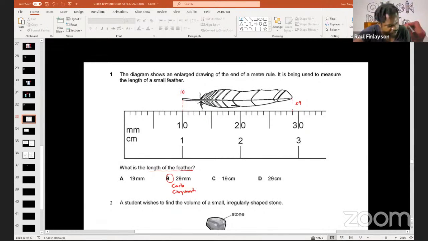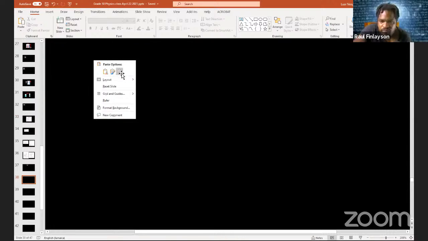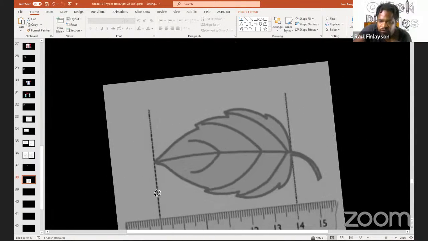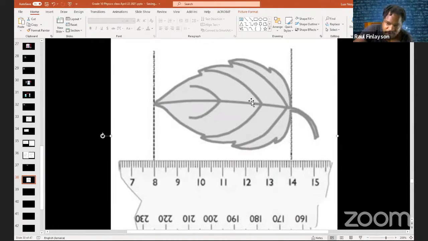All right. Now look at this. All right. What do you notice about the ruler in this diagram?